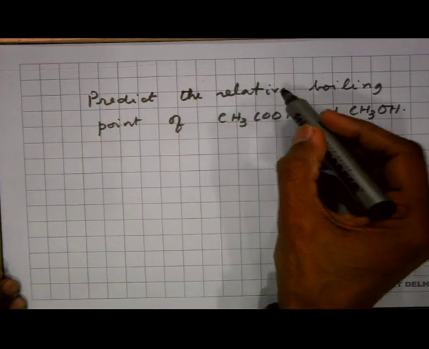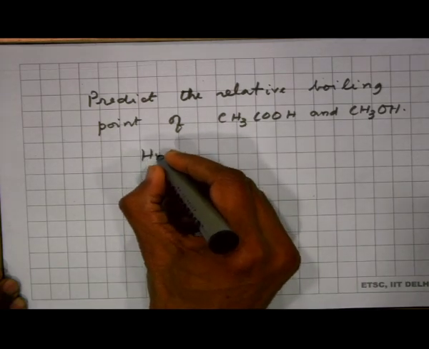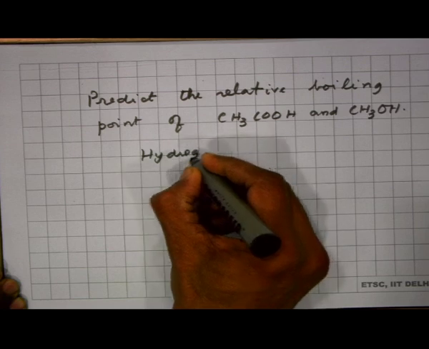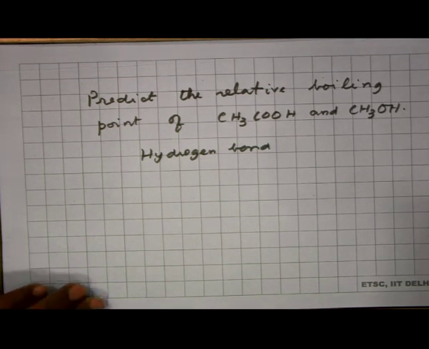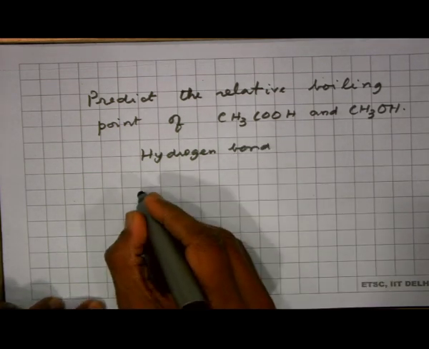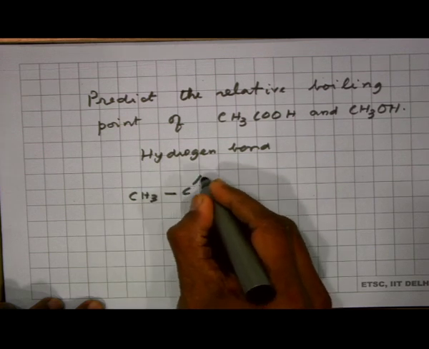This question involves the concept of hydrogen bond that we learned yesterday. So, we take these two examples. So, acetic acid, the structure looks like this.